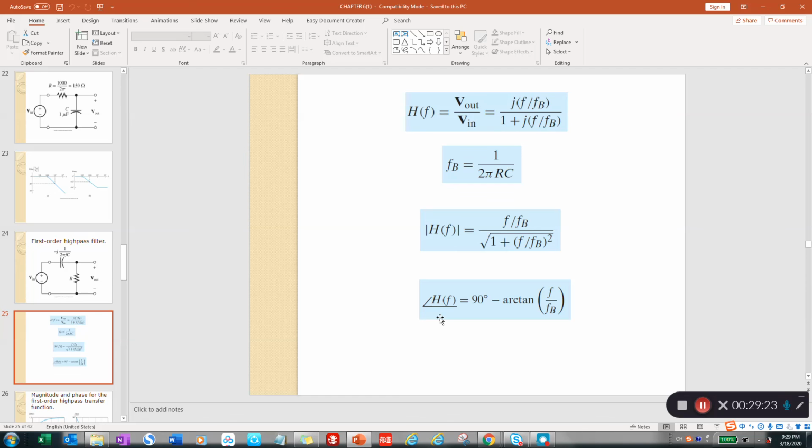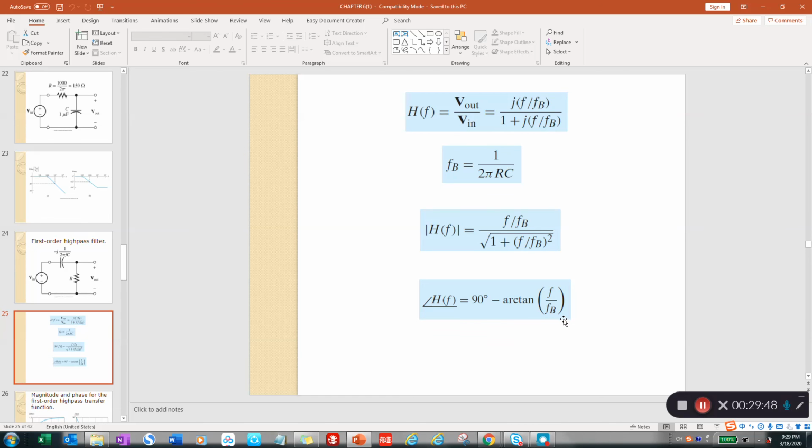How will the amplitude and the phase angle change? So the amplitude will be equal to f over fb divided by the square root of 1 plus (f over fb) squared. And the phase angle is equal to 90 minus arctangent f over fb.